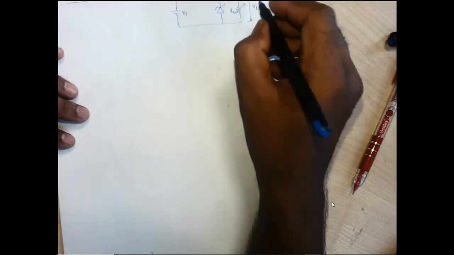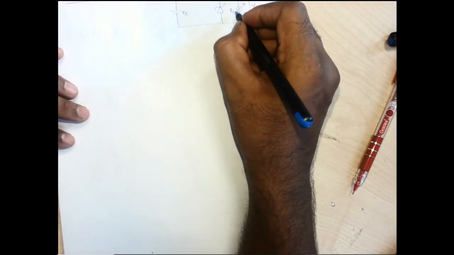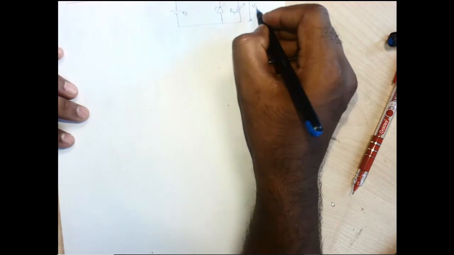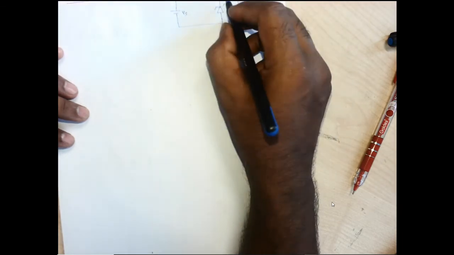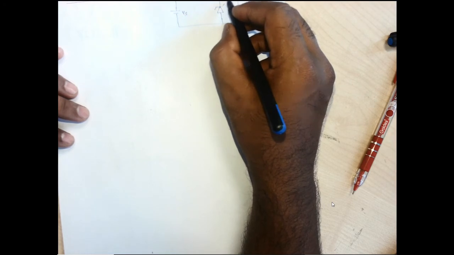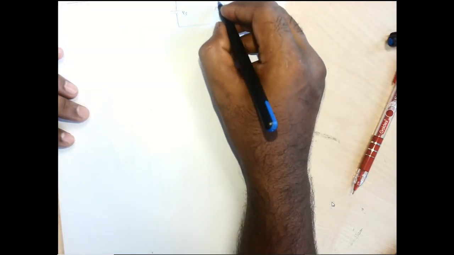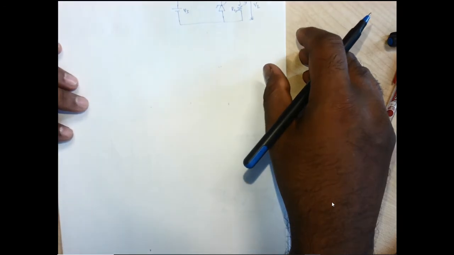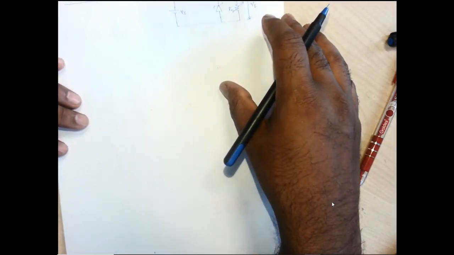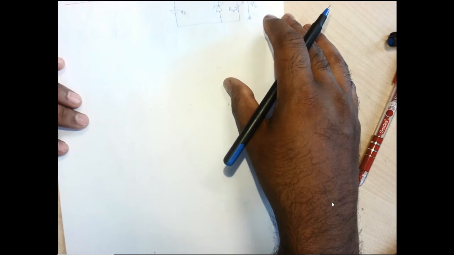Now when RL changes from 1K to 2K, we need VL to remain fixed, so obviously our load current needs to decrease to 0.5 milliamps. So the extra amount of current will now flow through this Zener diode. That is the purpose. Whenever there is a requirement of bypassing current, the Zener diode is capable of carrying the extra current because it is working under the reverse bias breakdown condition.